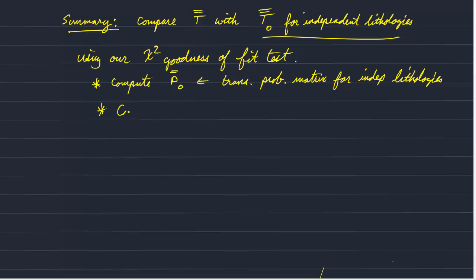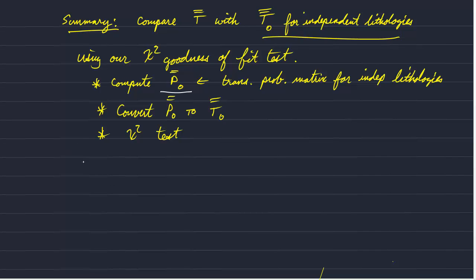Then we convert P0 to T0, and then finally we do our chi-squared test. Okay, let's start with how to compute P0.